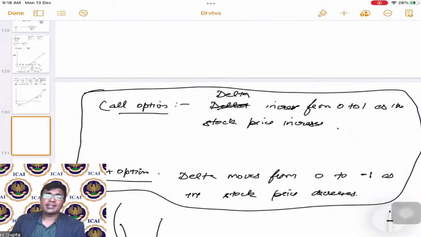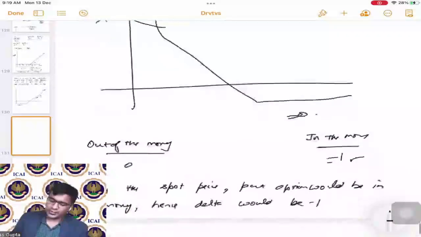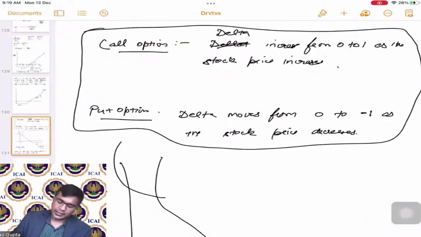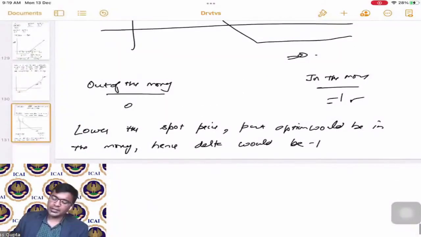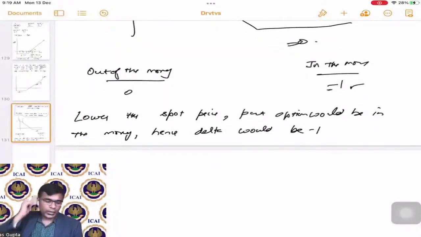For the put option, delta moves from 0 to -1 as the stock price decreases. Because if the stock price is decreasing, the option becomes in the money. Since it is becoming in the money, it will become 1, but the negative sign is put because of the negative relation between the stock price and the value of the put option.